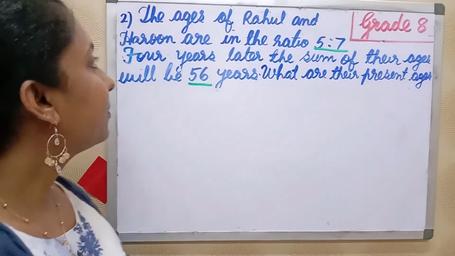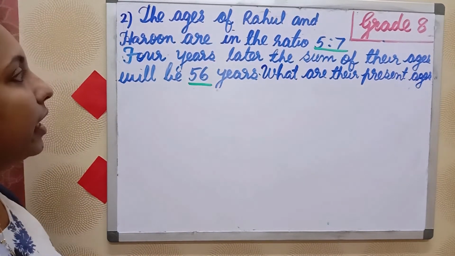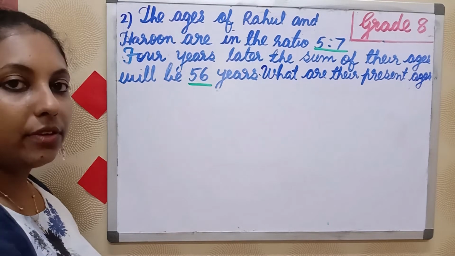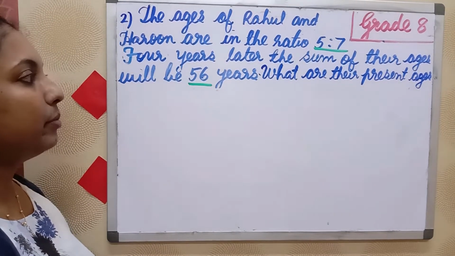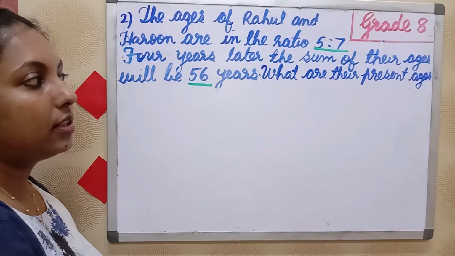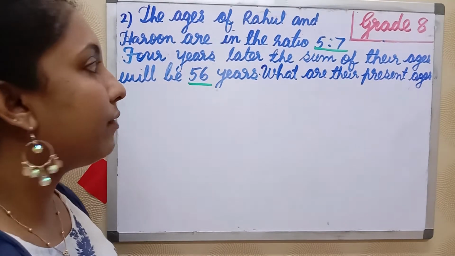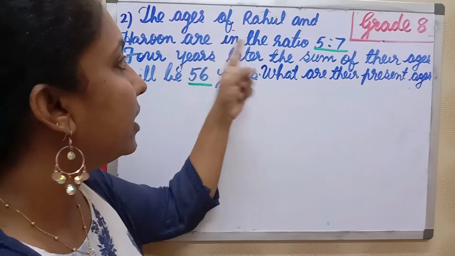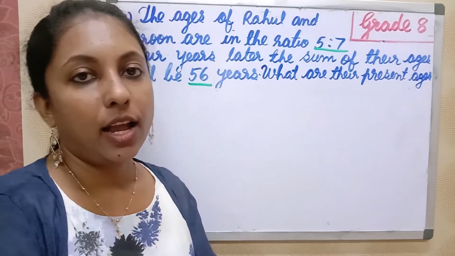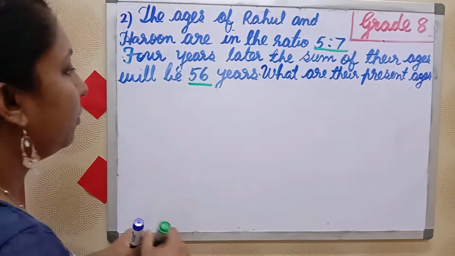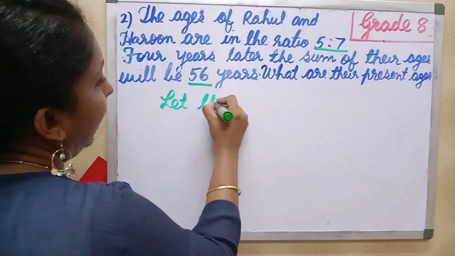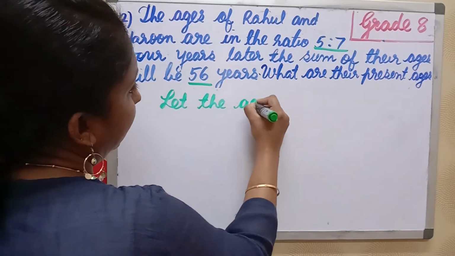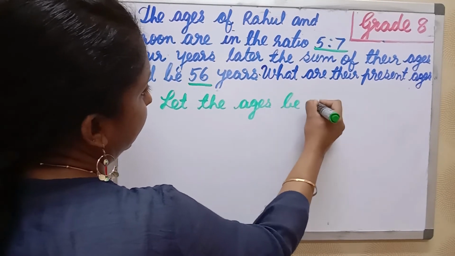Second question. The ages of Rahul and Harun are in the ratio 5:7. 4 years later, the sum of their ages will be 56 years. What are their present ages? We have to find the present ages of Rahul and Harun. So we assume the common factor be x.